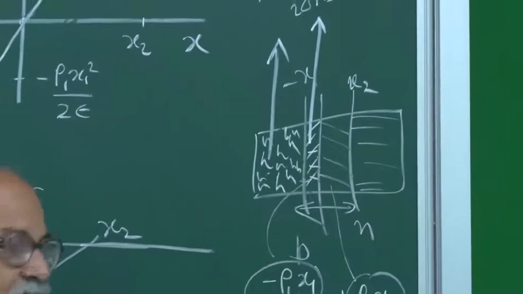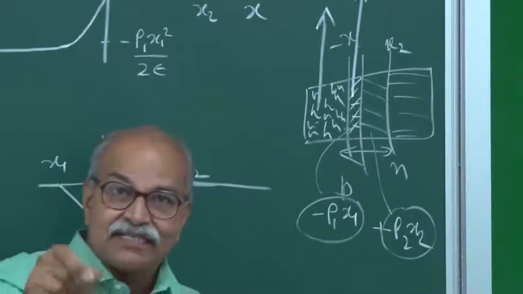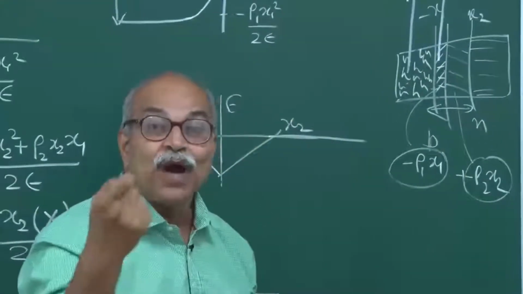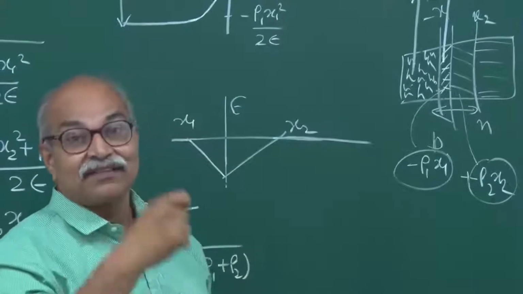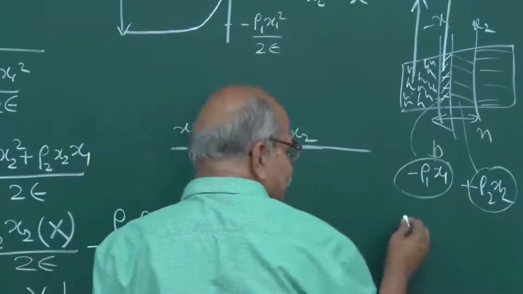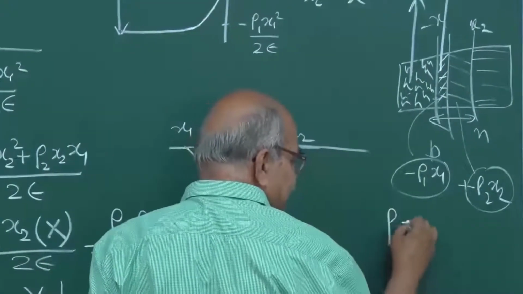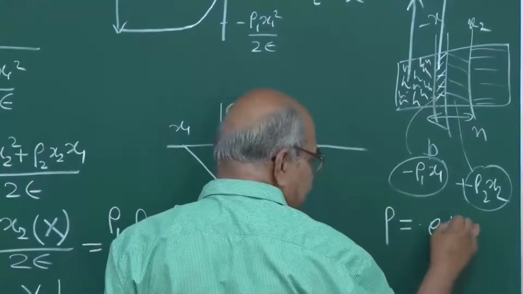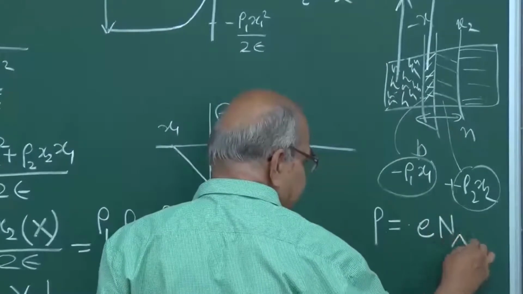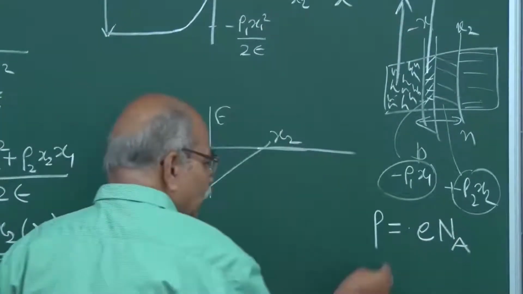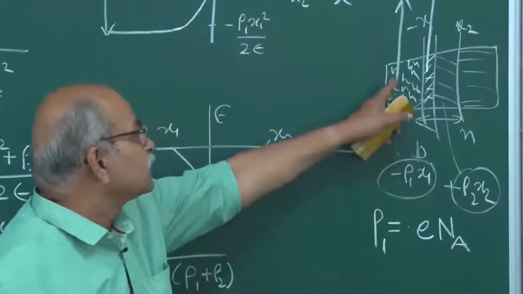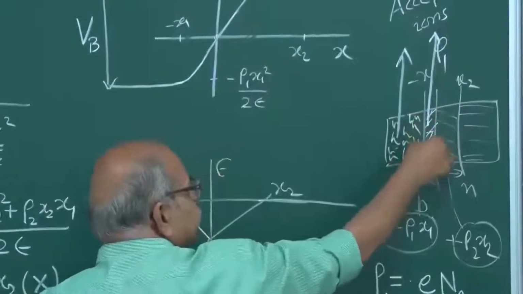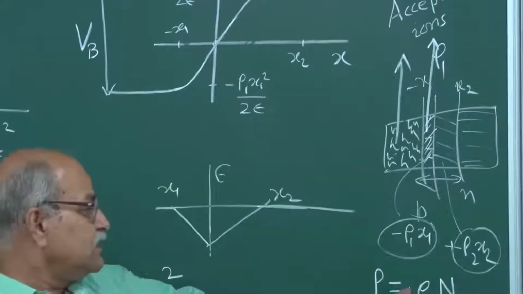All right. So each acceptor ion which is sitting there in the depletion layer is giving you 1 unit of negative charge. So the charge density will be just E times the density of acceptor ions. So this rho 1 here, this charge density rho 1 in this region, is just E times Na.